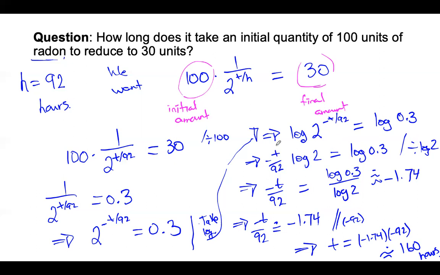So essentially, to review, we have to basically isolate. We have an initial amount, and then we have a final amount, and we're trying to figure out the time.